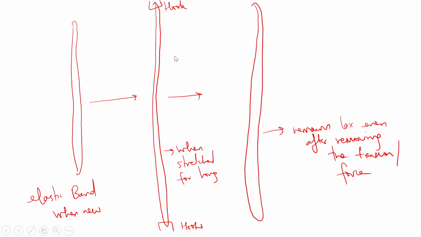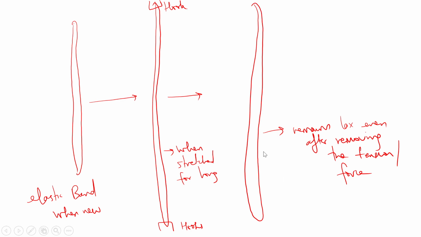To understand this better, take the example of a rubber band. When a rubber band is new, if you pull it a little, it comes back to the original form with greater force and faster. But if it is stretched for a long time, say hooked at the two ends for 3 or 4 days, then when you remove it, the shape of the rubber band becomes loose.